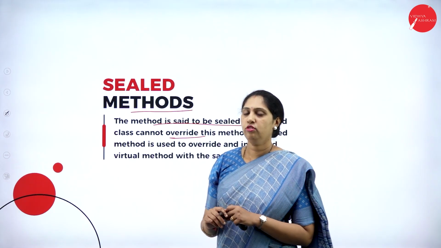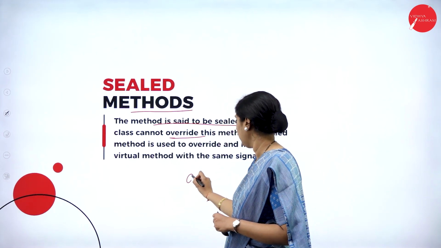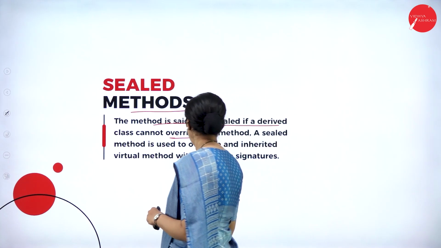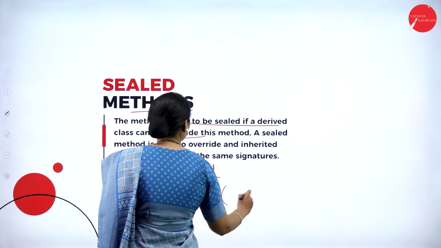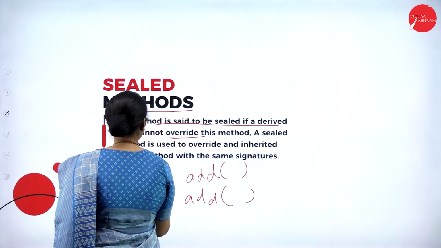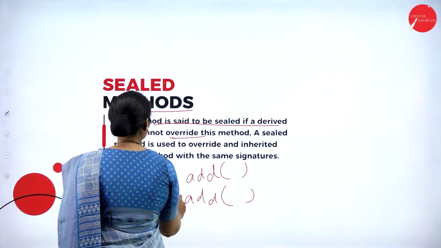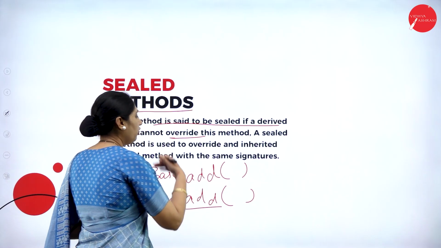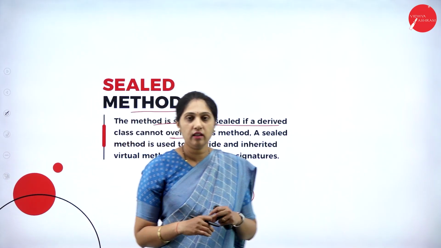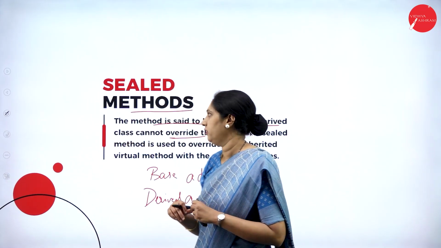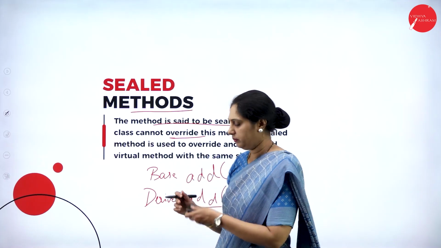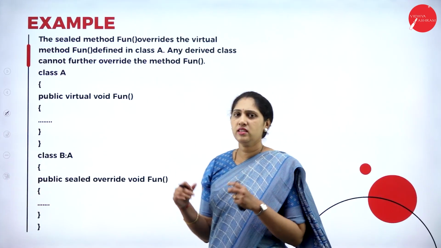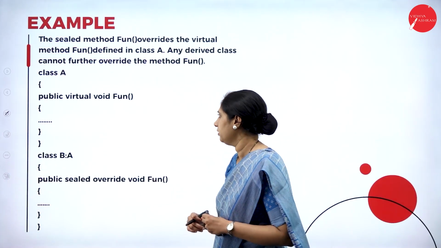See, for example, if you have add function in base class, again add function in derived class, this is derived class, this is base class. So derived class cannot override the base class if it is sealed. That is sealed method. Then with the example, we'll look into it.